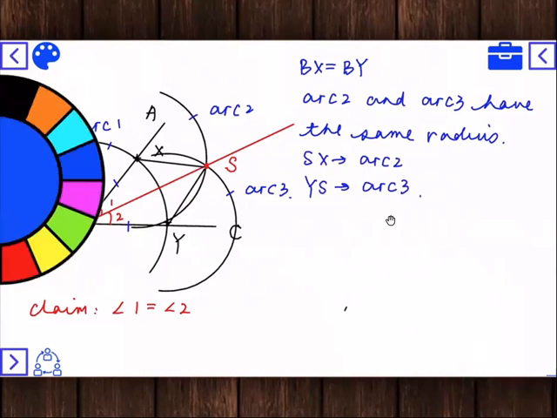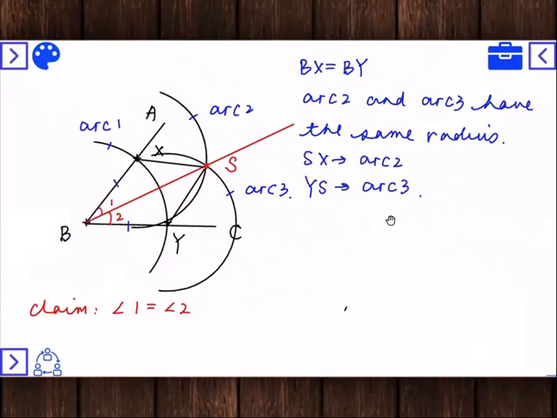And since arc 2 and arc 3 have the same radius, XS and YS are equal, right? So this is our second piece of information.